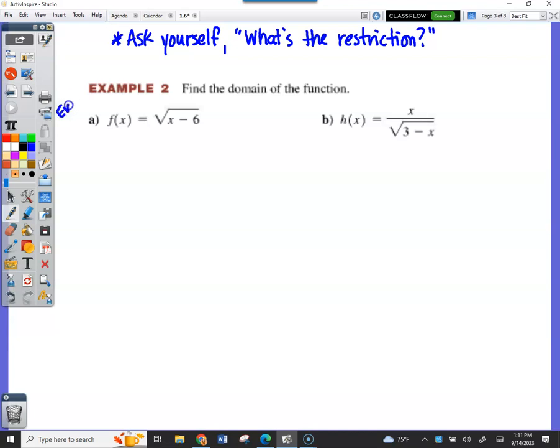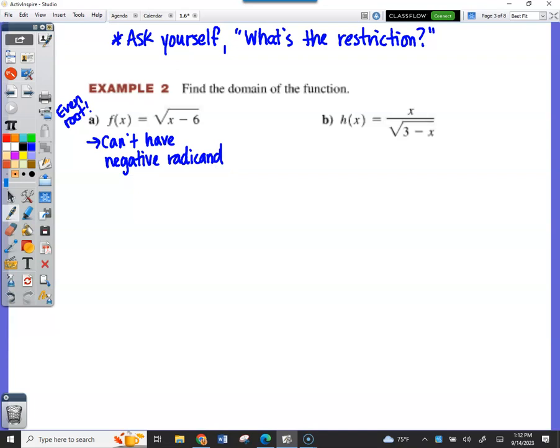Specifically, let's just say it's an even root. Remember that? What's the rule in math with even roots? You can't have a negative radicand.